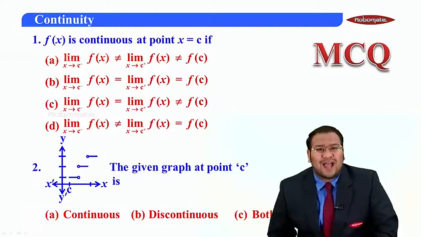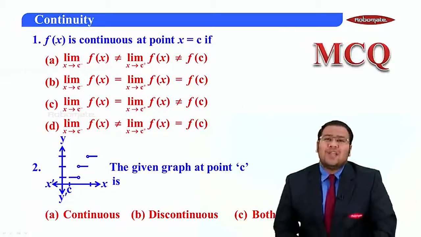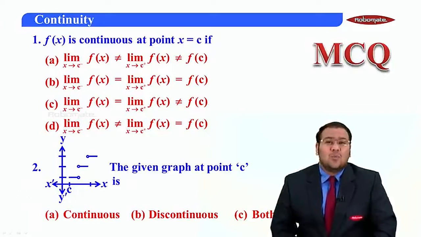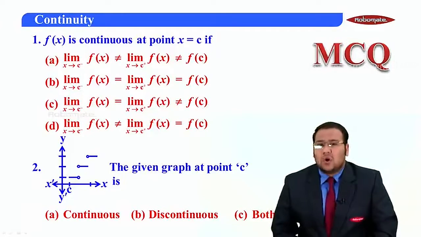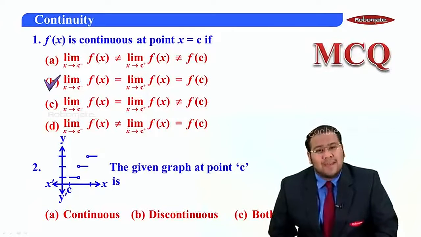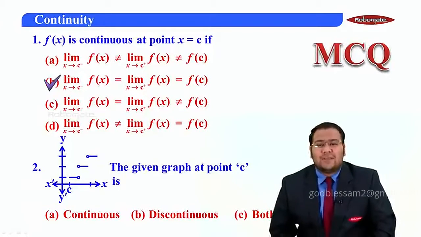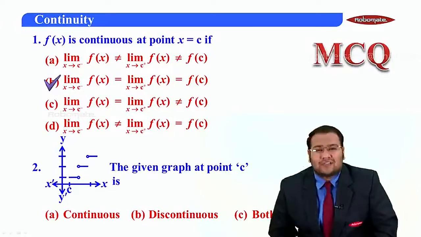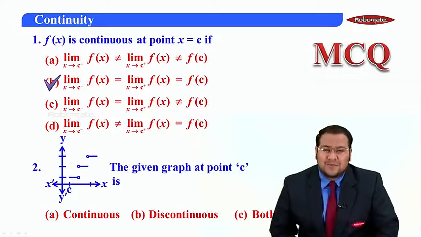But we also know that the limit exists only when the left hand limit and the right hand limit both are equal to the function of c. So I can say the equation is limit x tending towards c minus f of x should be equal to limit x tending towards c plus f of x, which is equal to f of c.